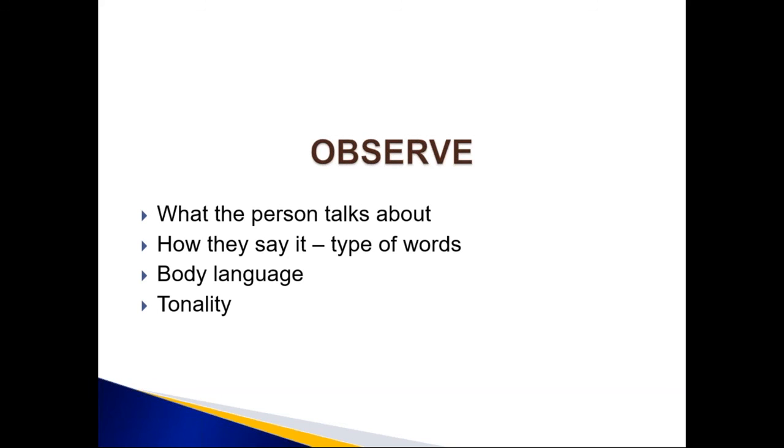Tonality. Very rarely will you see the steady relators or the cautious thinkers or correctness people raising their voice. But you will see that from the influencer and the dominants on a regular basis.